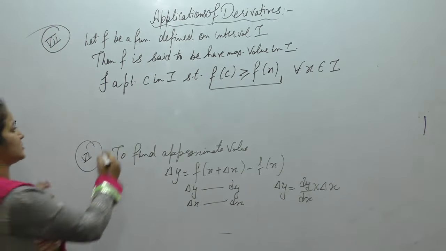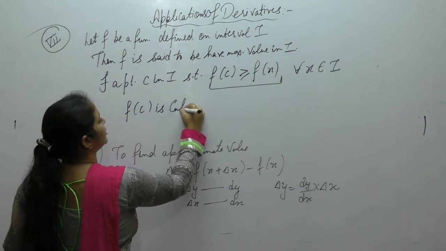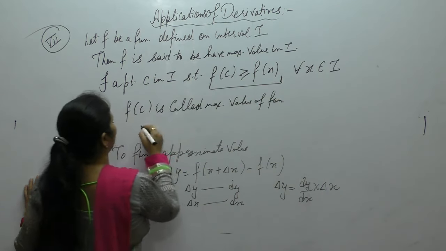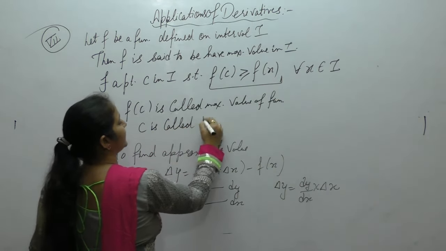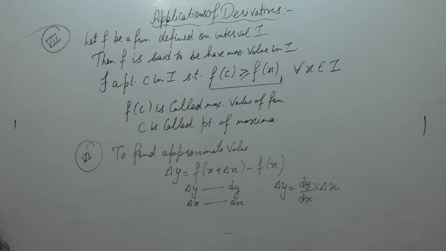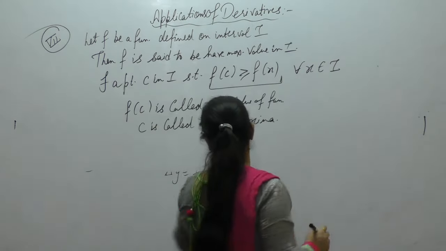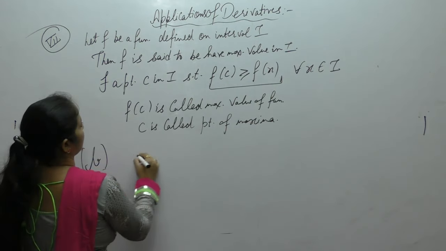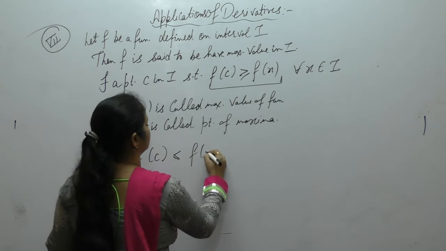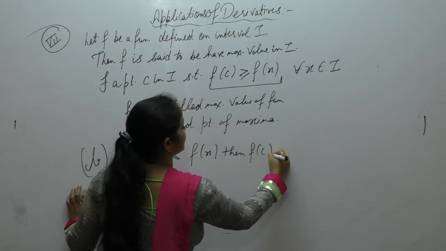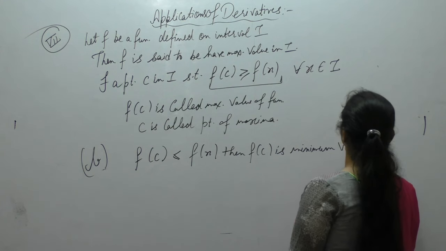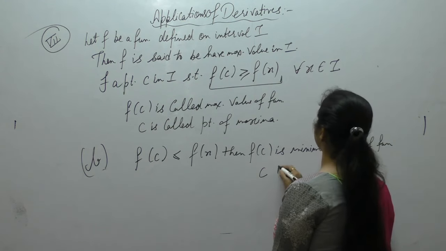The number f(c) is called maximum value of function, and C is called point of maximum, and f is said to have minimum value when f of C is less than or equal to f of x, then f(c) is minimum value of function, and C is point of minimum.